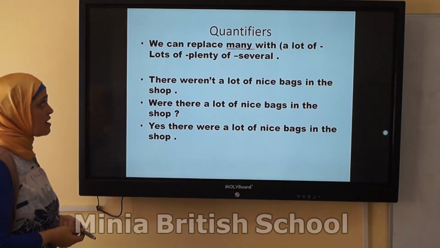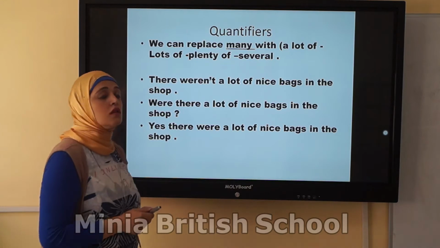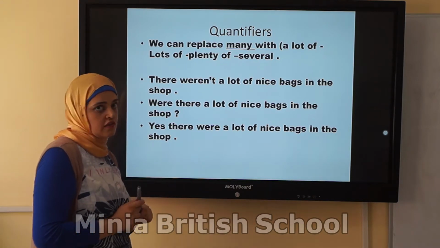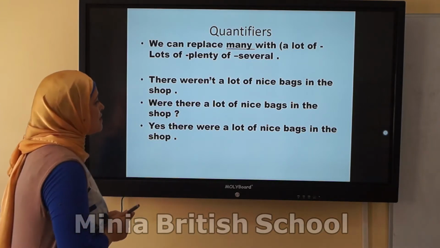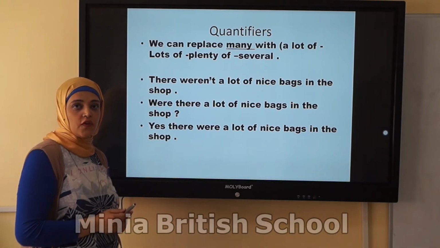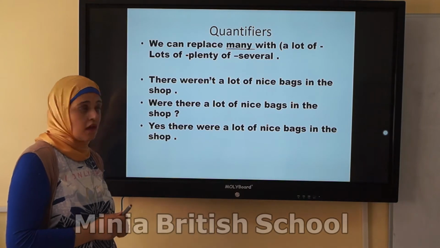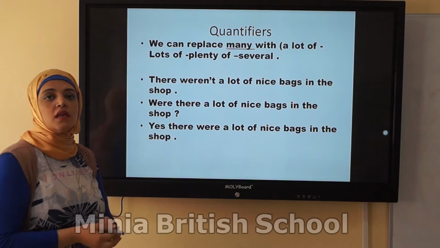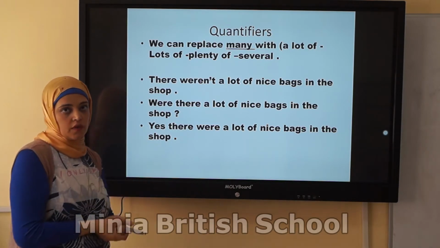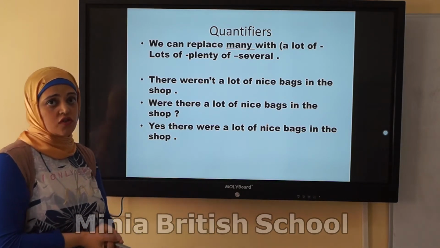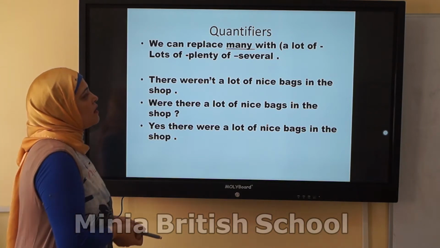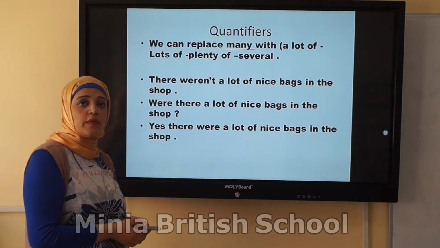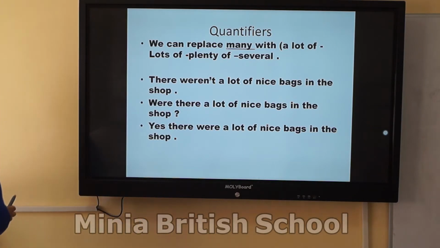Also, I can say there were loads of nice bags. Yes, I can. I can say there were plenty of nice bags, and also several. All of them have the same meaning, a large amount of something. I can use them instead of many in the example we had before.